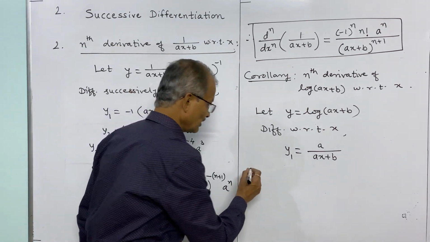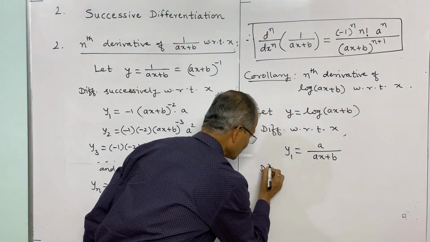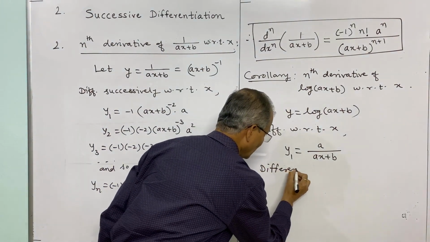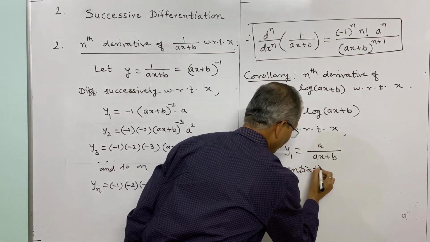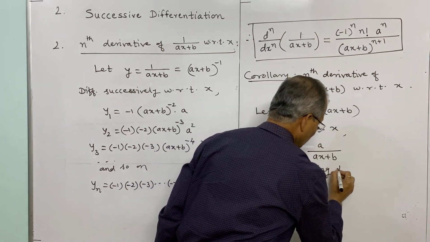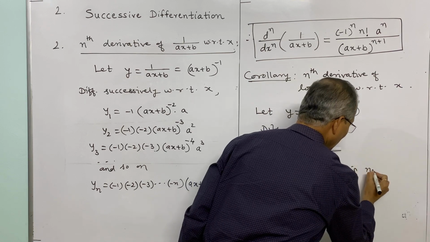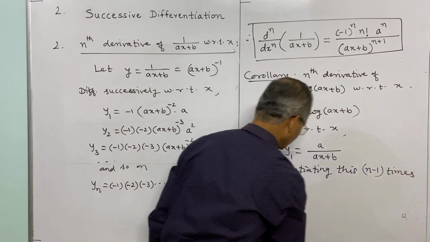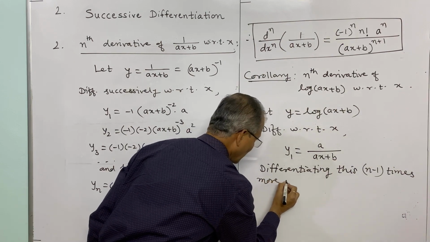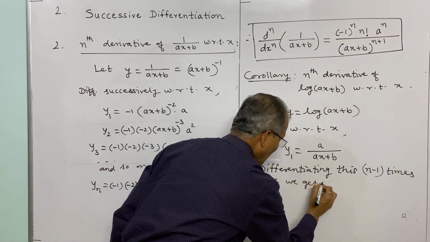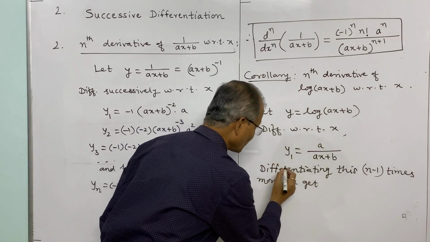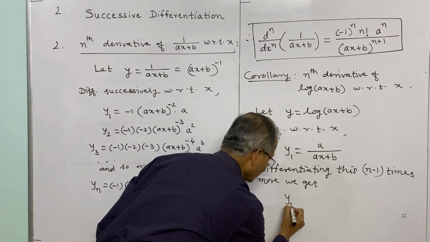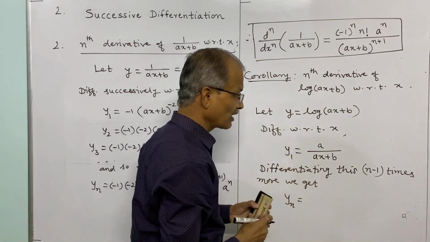And therefore we write here, differentiating this n minus 1 times more, we get this. Now y1 will become yn, because the first derivative is already obtained.